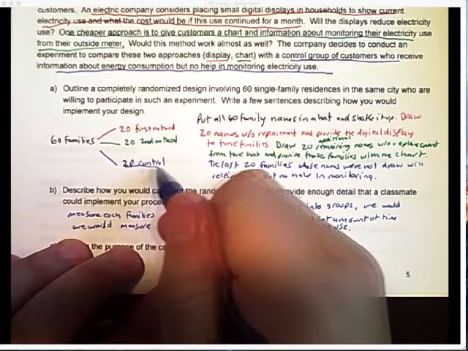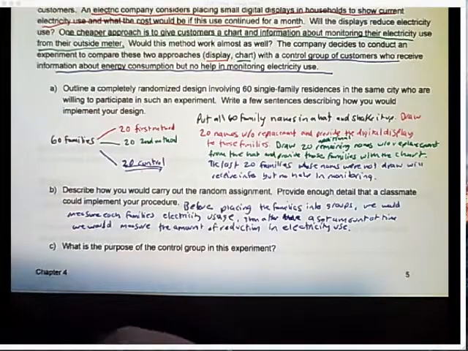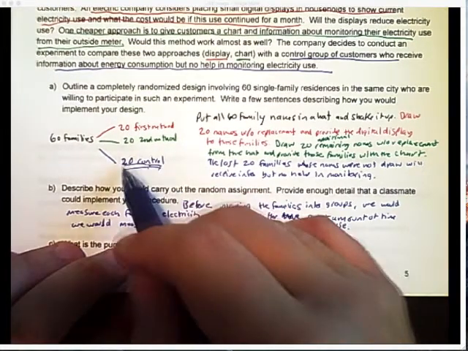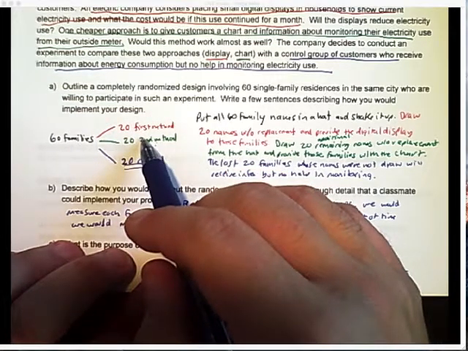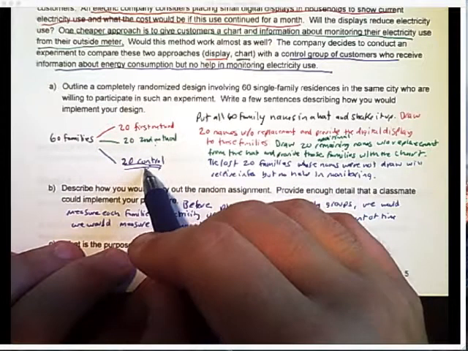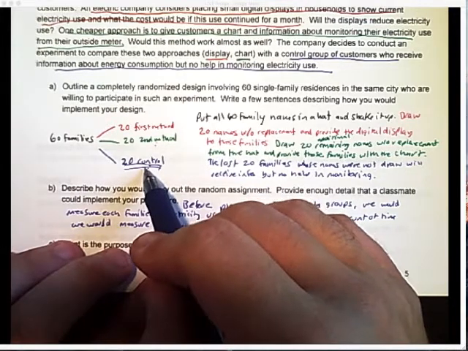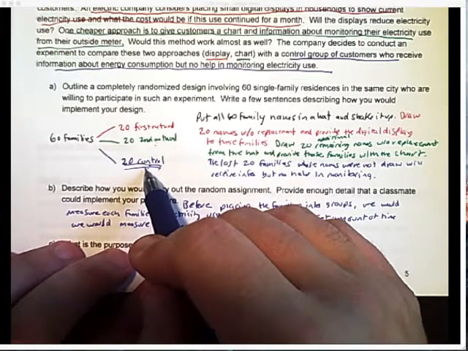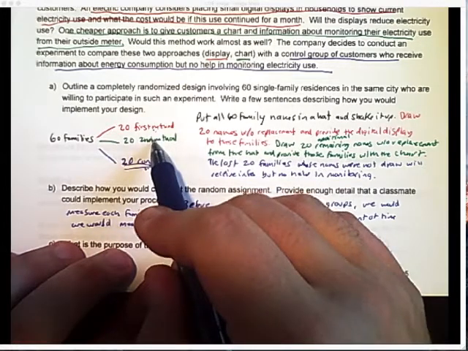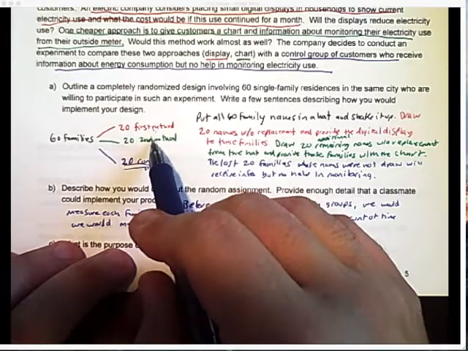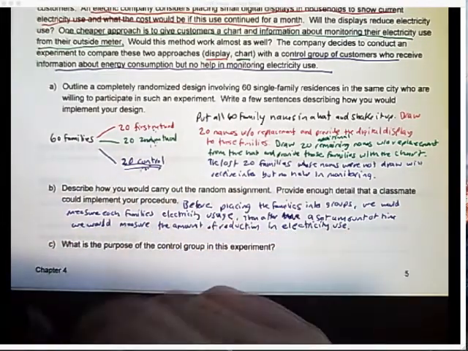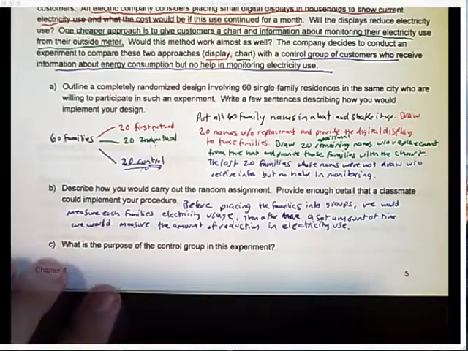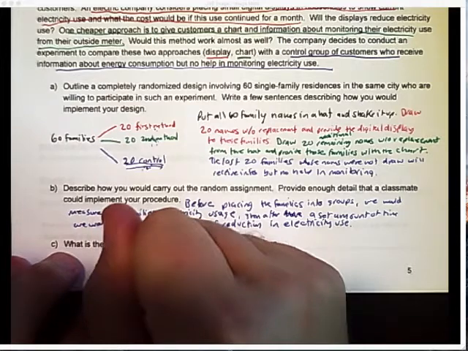So the control group knows they're in an experiment as well, and we would not expect this group to go down as much as these two because they're getting extra tools and extra information. But if this group naturally just goes down by 5 because they know they're taking part in this experiment, then these two should be more than 5. That would give us confidence that these methods are more effective than getting nothing. Okay, so the purpose of the control group is for means of comparison.